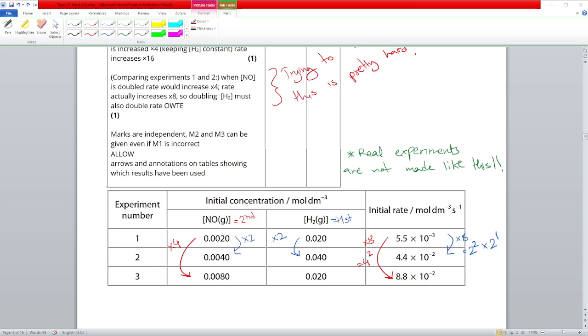At the same time, over here, there is no pair of H2 entries where H2 is the only thing that's changing. In all of them, NO changes at least once, right? So it's like 2x every time. So what we have to do is we have to combine everything.